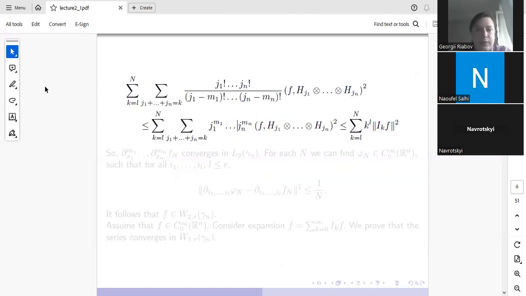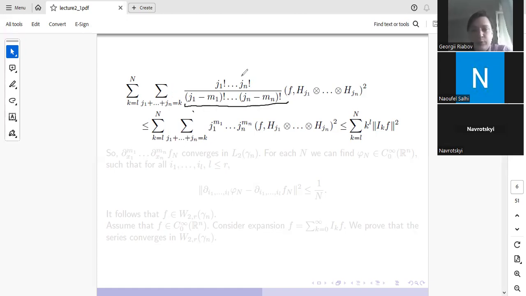Then if we take the norm squared, we will get the sum over k, then the sum over j1 plus ... plus jn equal to k.